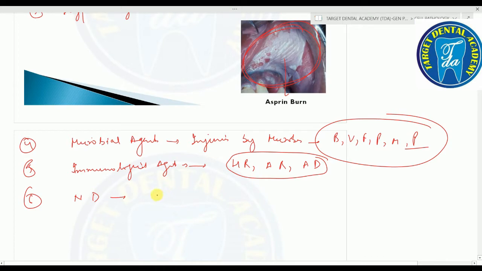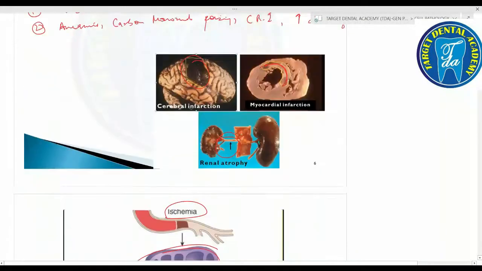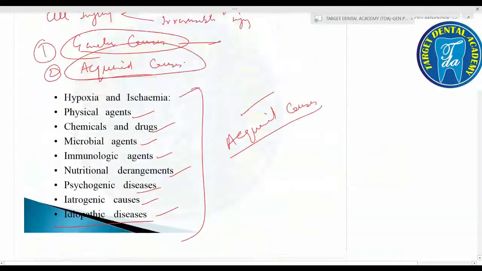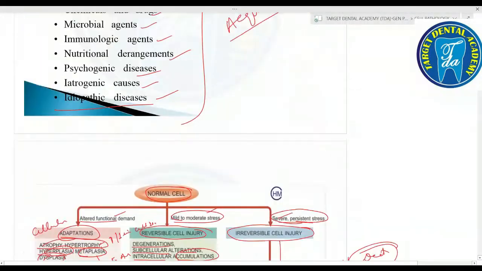It may be due to deficiency of nutrients, for example starvation of protein or calorie, which leads to marasmus and kwashiorkor, and deficiency of minerals may lead to anemia. So these are all the etiology or causative agents, the acquired causes of cell injury.